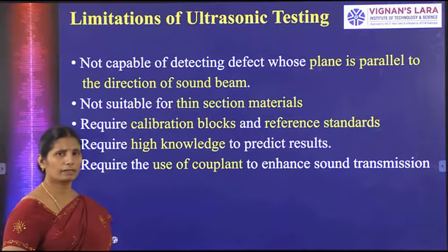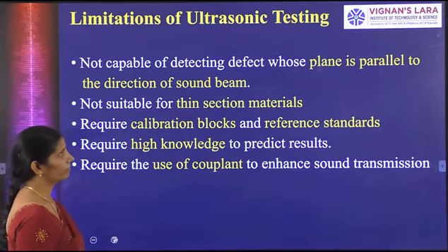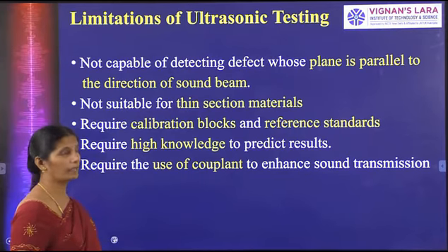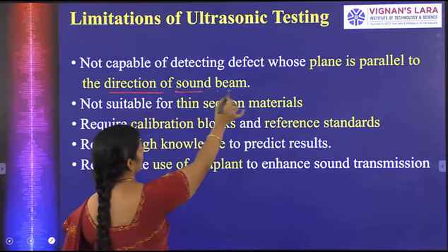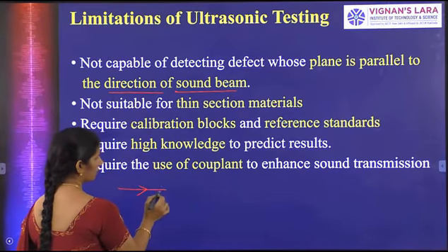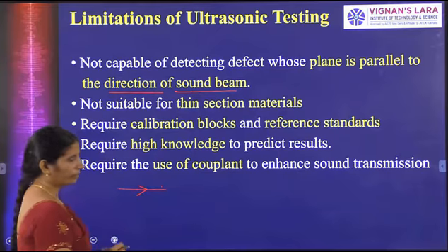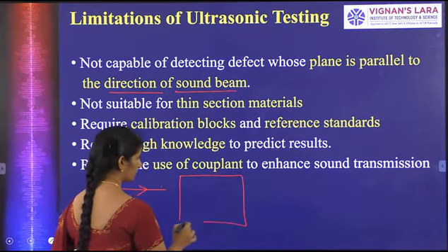And what are the limitations of ultrasonic testing? They are not capable of detecting defects whose plane is parallel to the direction of the sound beam. We are passing the sound beam like this. Suppose this is the testing specimen.